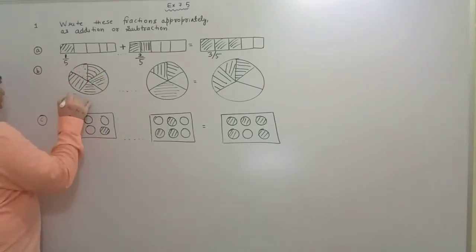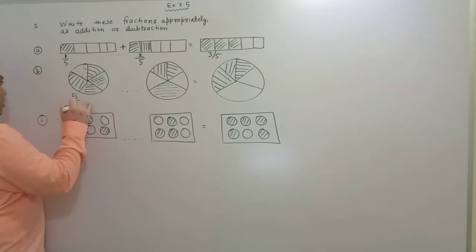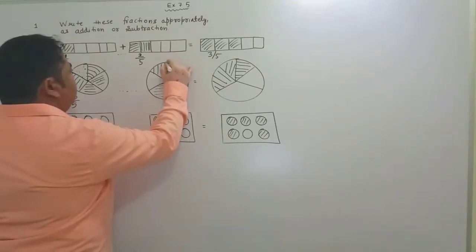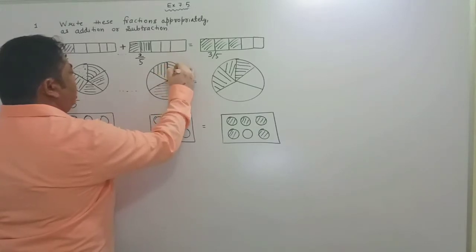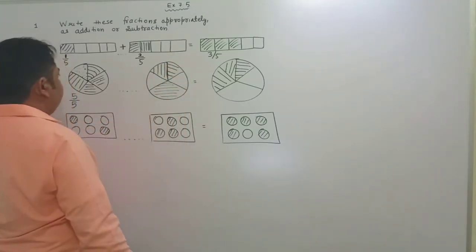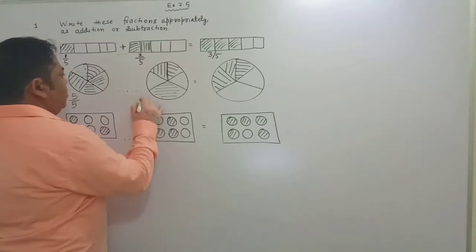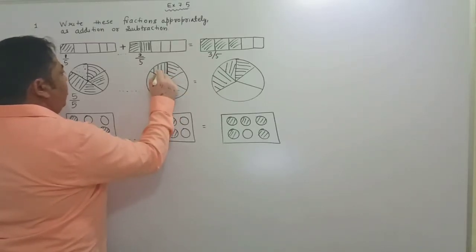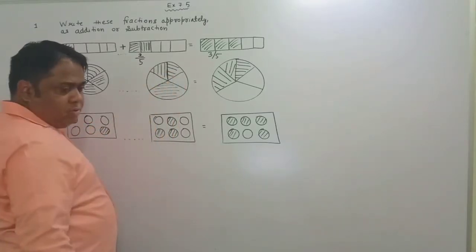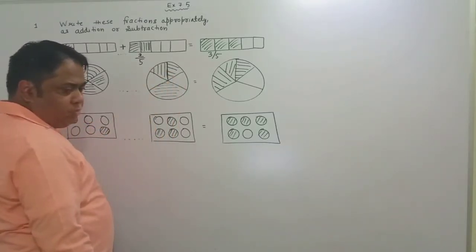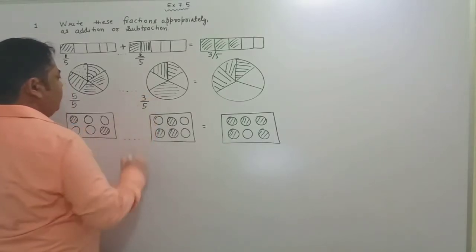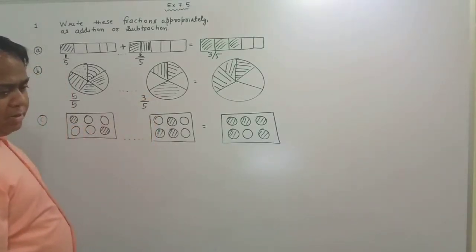So here 5 by 5 part was colored. Here how many parts are colored? 1, 2, 3. So 3 by 5 parts are colored.